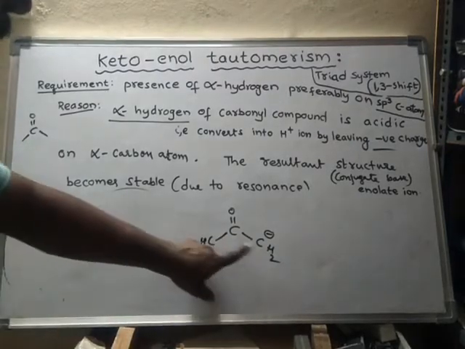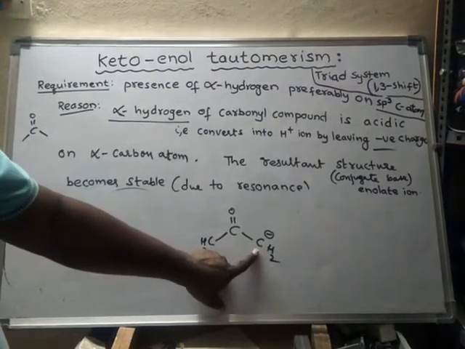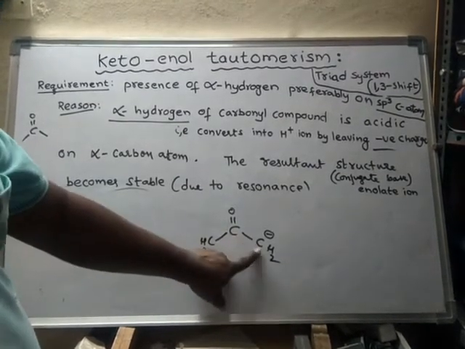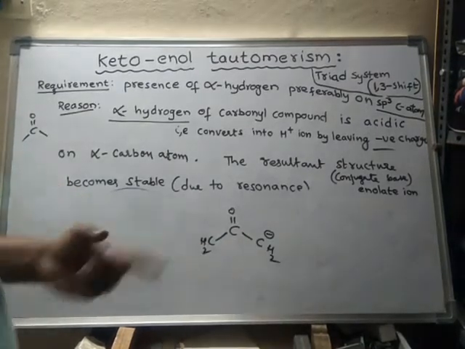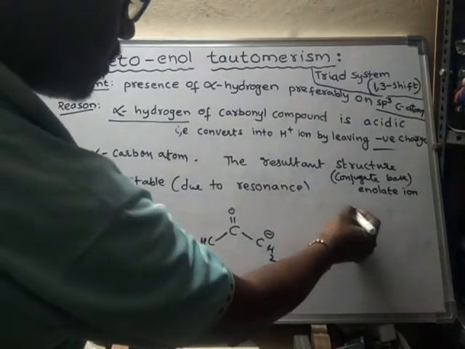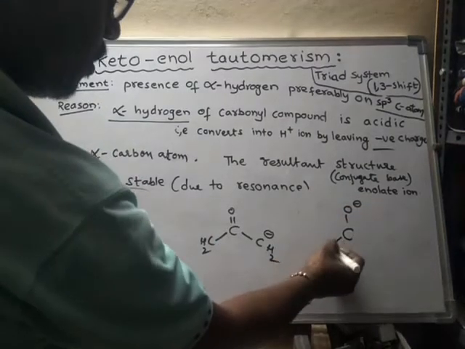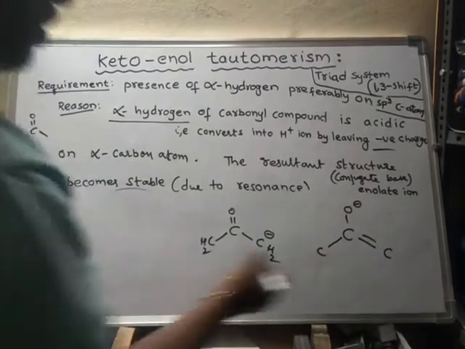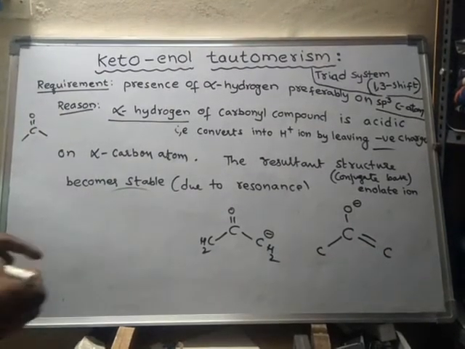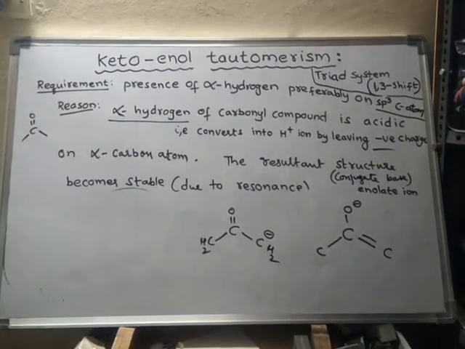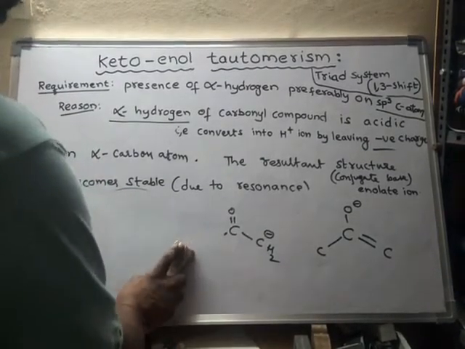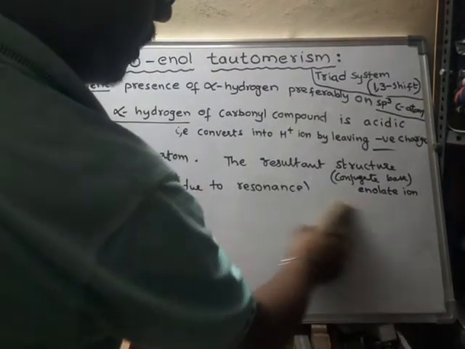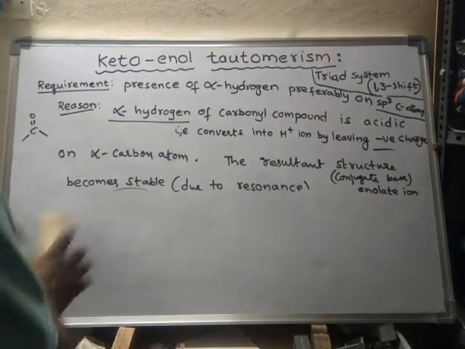If there is a negative charge on the alpha carbon, it is said to be an enolate ion, and even this one, with the double bond here, is also an enolate ion. Enolate ions are stable structures because they undergo resonance, and as they undergo resonance, they become more stable.